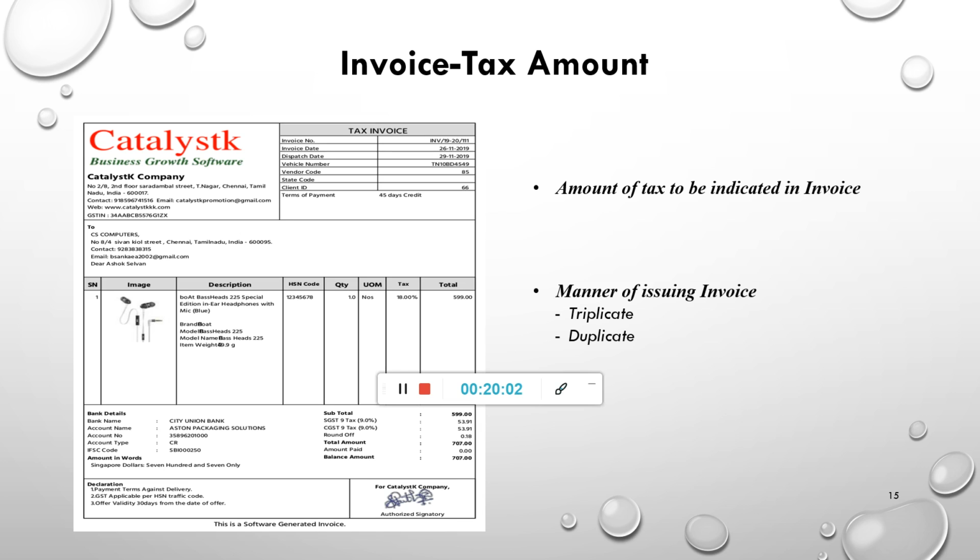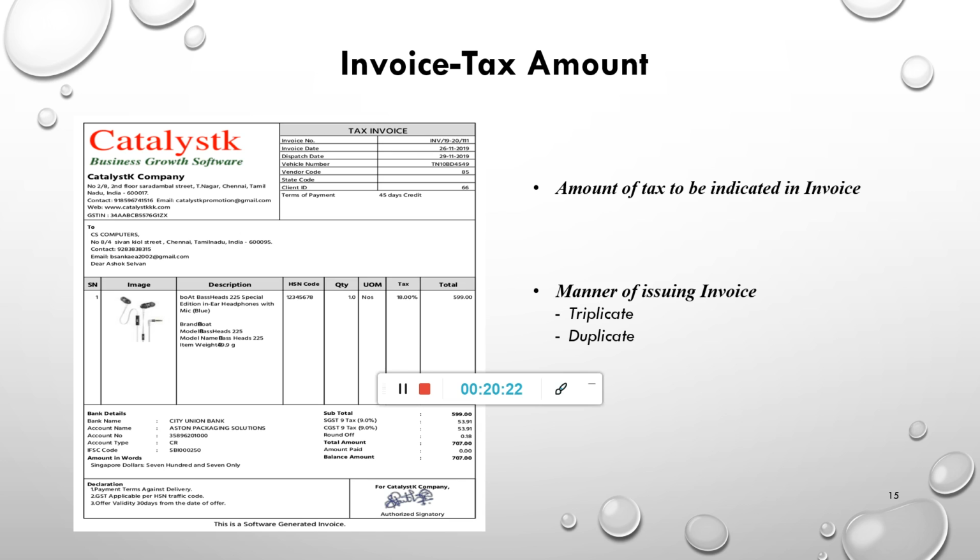The manner of issuing invoice. Triplicate: the invoice shall be prepared in triplicate in case of supply of goods in the following manner. Original copy being marked as original for recipient, duplicate copy being marked as duplicate for transporter, and triplicate copy being marked as triplicate for supplier.